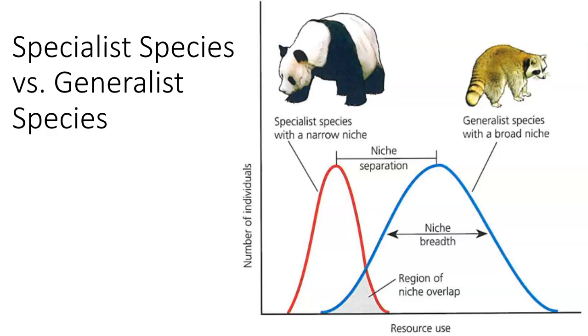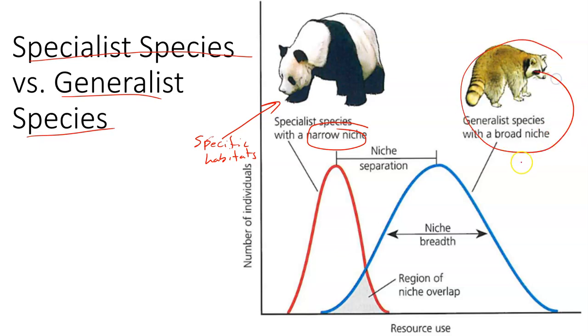Okay? Now, some terms that are also going to be important to us, we got what are called specialist species. I do believe we brought these up briefly earlier in the year, but let's redefine these just to make sure everybody's on the same page. Specialist species have what's called a narrow niche. They require very specific habitats.